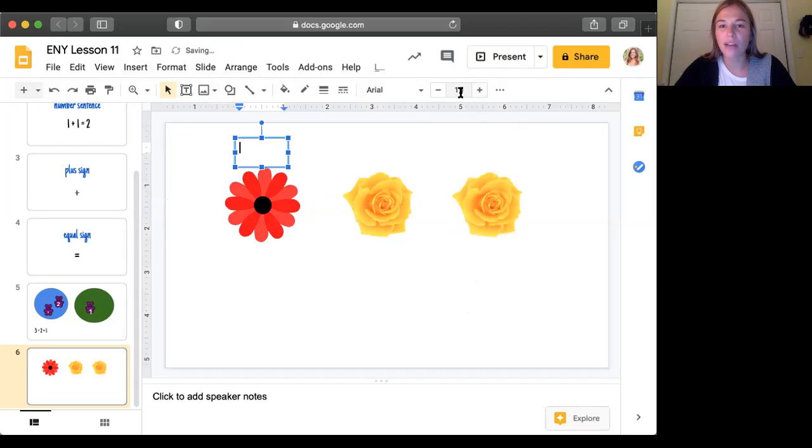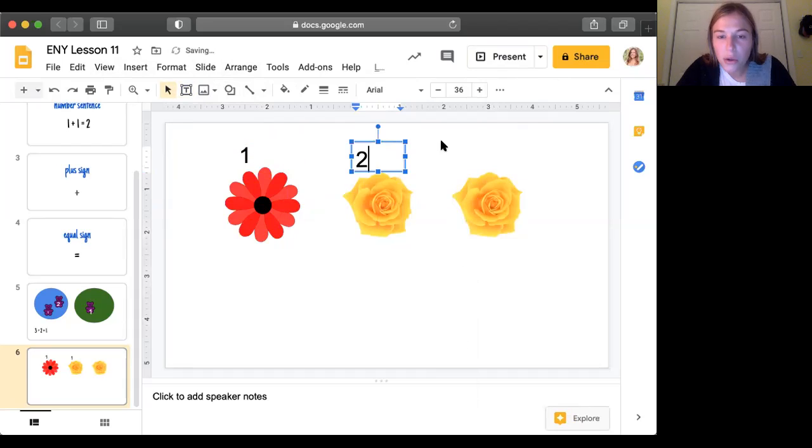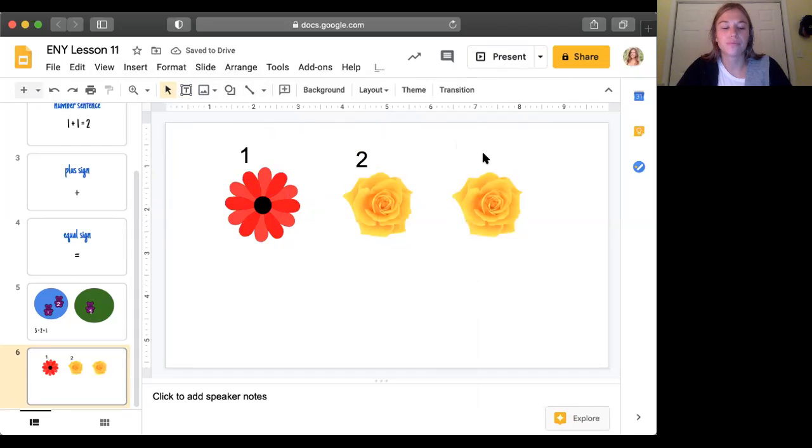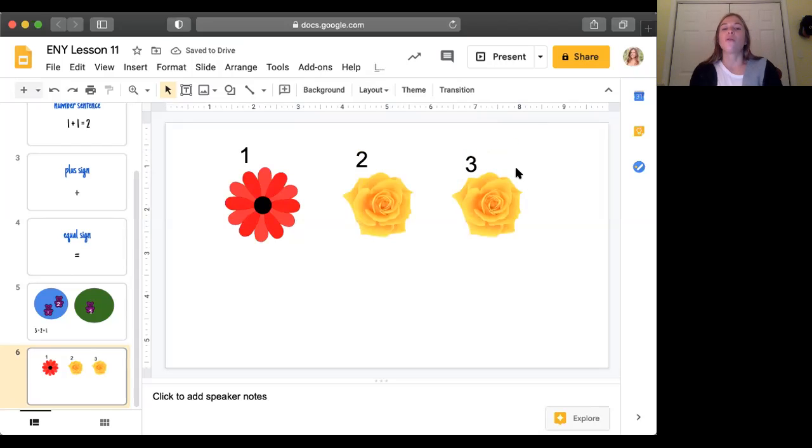How many flowers did Miss Ziegler have? So I see 1, 2, 3. So Miss Ziegler has 3 flowers.